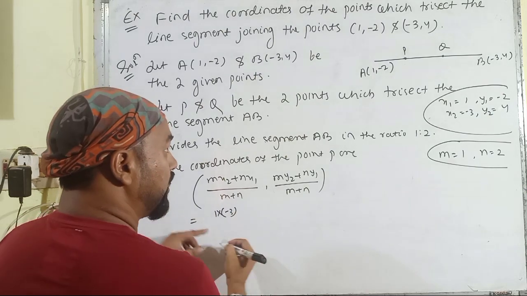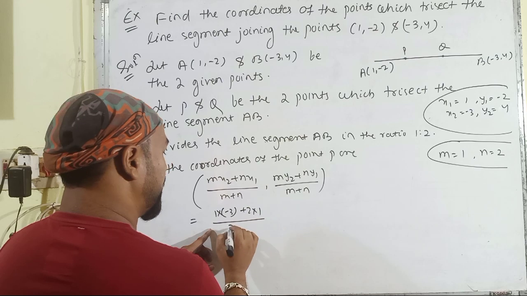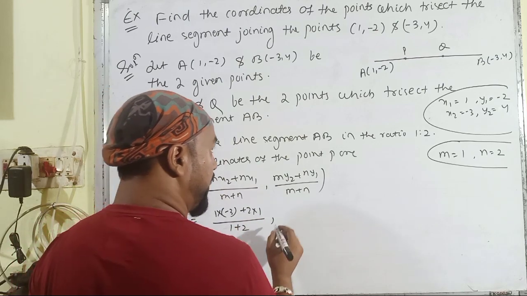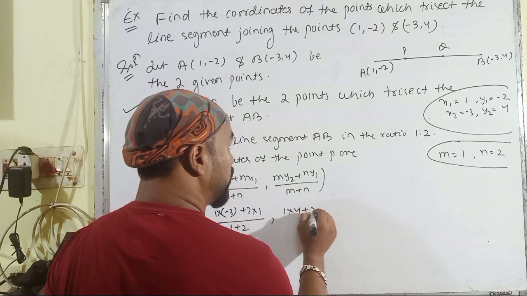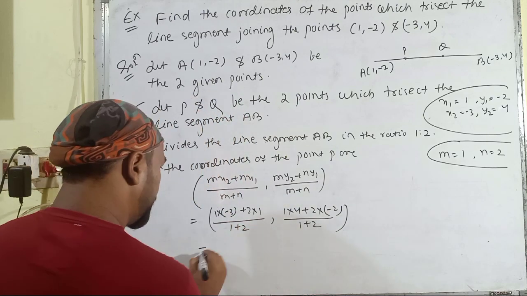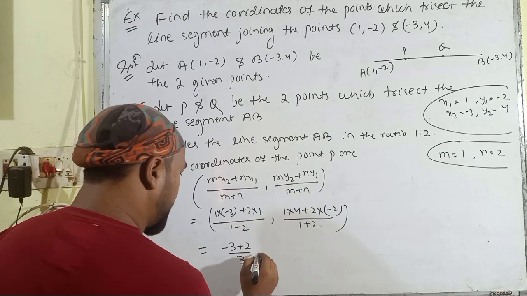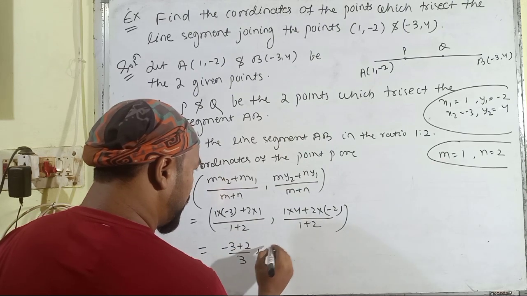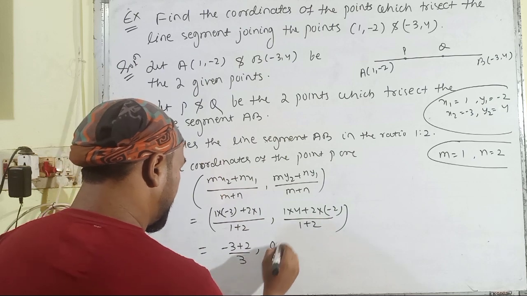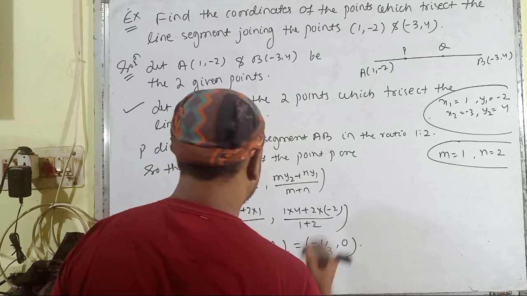That is (1 multiplied with -3 plus 2 multiplied with 1 divided by 1 plus 2, 1 multiplied with 4 plus 2 multiplied with -2 divided by 1 plus 2). -3 plus 2 divided by 3, then 4 minus 4 is 0 divided by 3, that means it is (-1 by 3, 0).